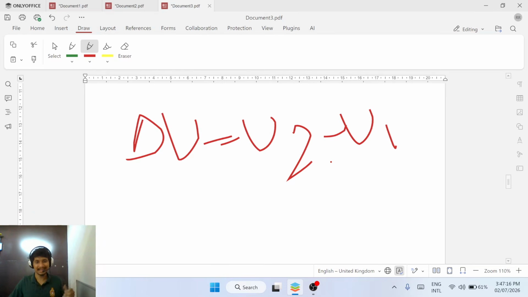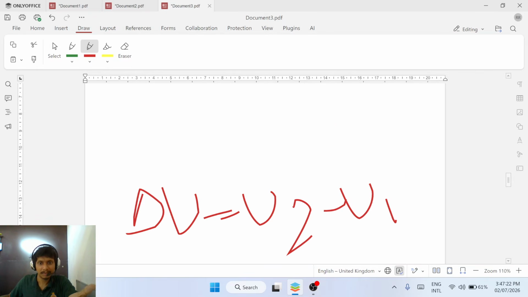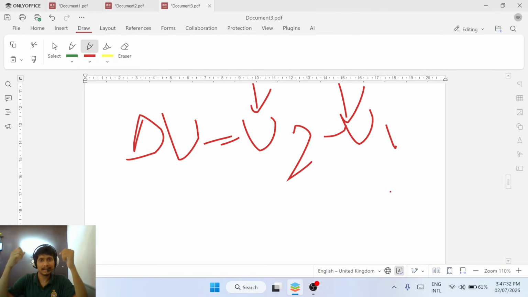It's very easy, very simple. This is the final internal energy, and this is the initial internal energy. Therefore, if the final internal energy is less than the initial internal energy, delta U will be minus.